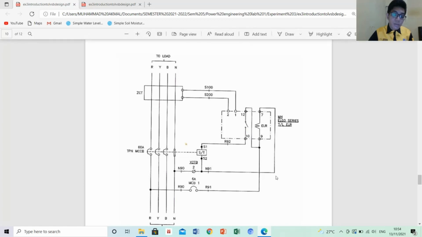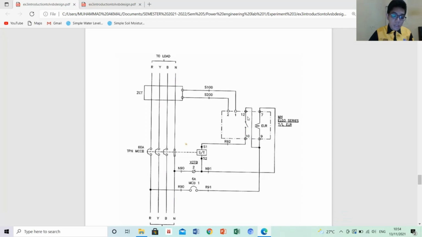As you can see, the coil in the earth leakage relay is in the open position, which means that it is not connected. When the coil in the earth leakage relay is in the closed position, which is connected, the shunt trip coil will send a signal to the TPN MCCB to trip as a protection for the circuit.